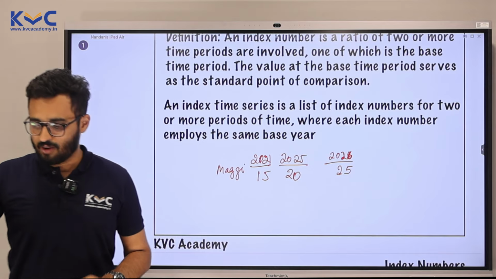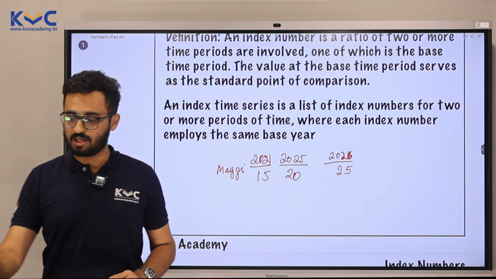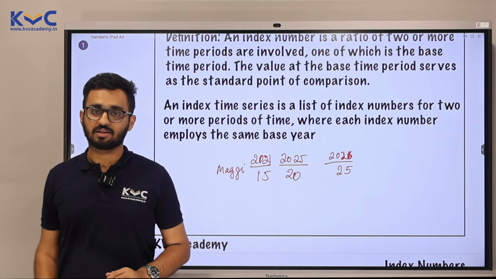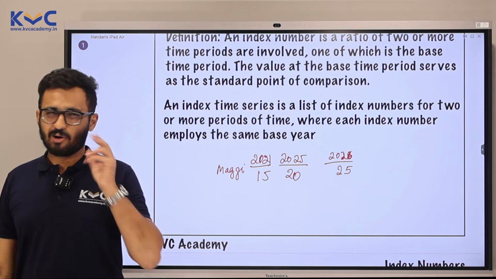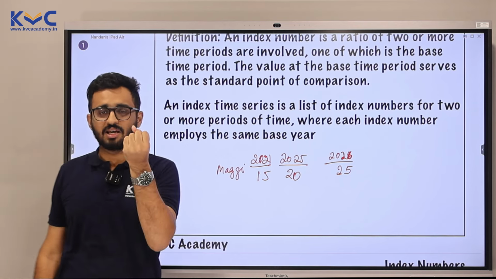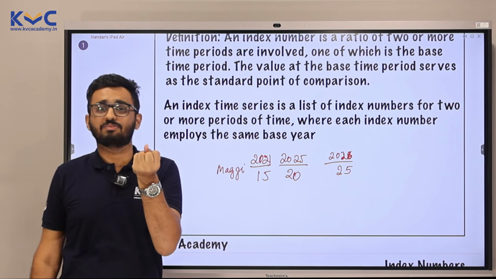Understood? Now, I told you we are giving a number instead of percentages. Now we talked about percentages. 15 to 20 means 33% increase, 20 to 25 means 25% increase, 15 to 25 means 67% increase, right? Now giving you these percentages doesn't make it easy to remember, right?